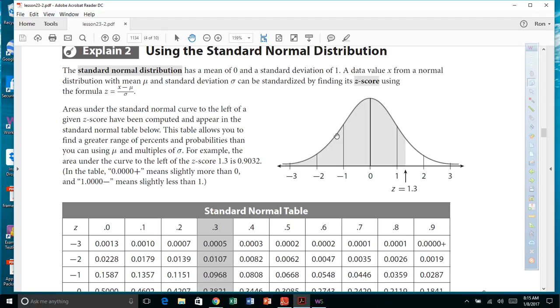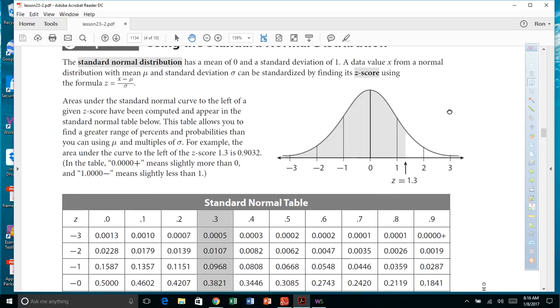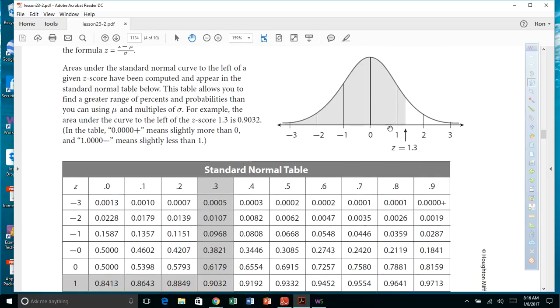Areas under the standard normal curve to the left of a given z-score have been computed and appear in the standard normal table. This table allows you to find a greater range of percents and probabilities than you can using the mean and multiples of the standard deviation. You know, sometimes you get one that's between those. So this is how you find it. For example, the area under the curve to the left of the z-score 1.3 is 0.9032. The table entry 0.00 plus means slightly more than 0, and 1.00 negative means slightly less than 1.